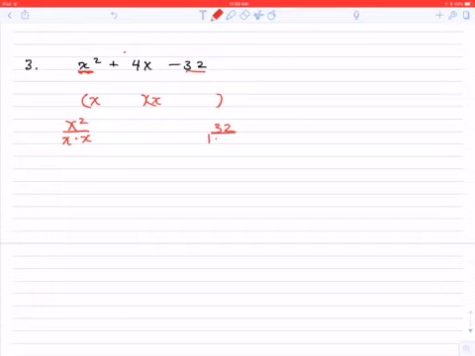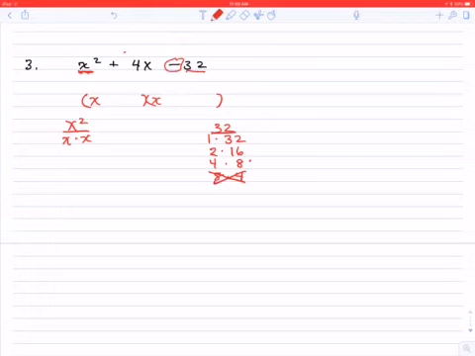So 1 goes into 32 times. 2 goes into 32 16 times. 3 doesn't go into 32 evenly, but 4 does. Goes into 32 8 times. 5 doesn't go, 6 doesn't go, 7 doesn't go, 8 goes 4 times. Well, they repeat. Factors are starting to repeat. So I've got them all.